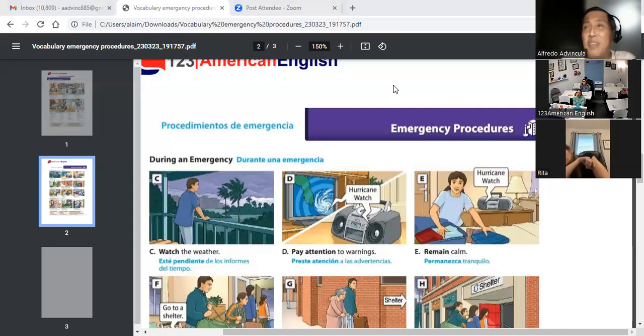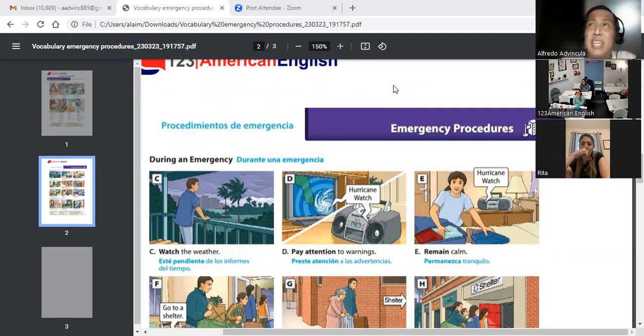But other types of natural disasters, we talked about the hurricane, the earthquake, maybe flooding also, fire, like in Northern California, every summer they have forest fires, blizzards.